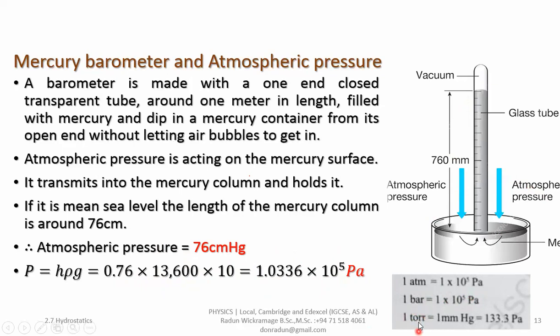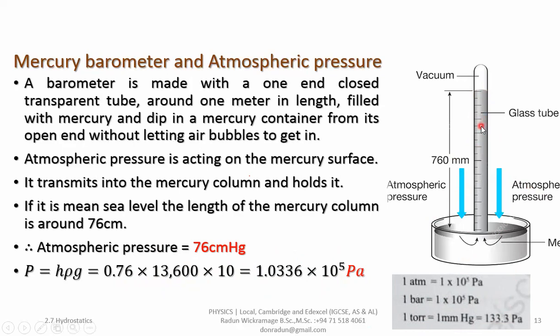And there's another measuring unit. 1 torr is equal to 1 millimeter of mercury. If you take 1/760th of the length, that creates 1 torr of pressure, which is equal to 133.3 pascals. Right?